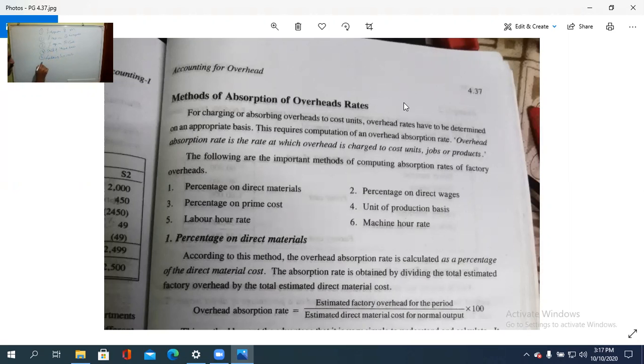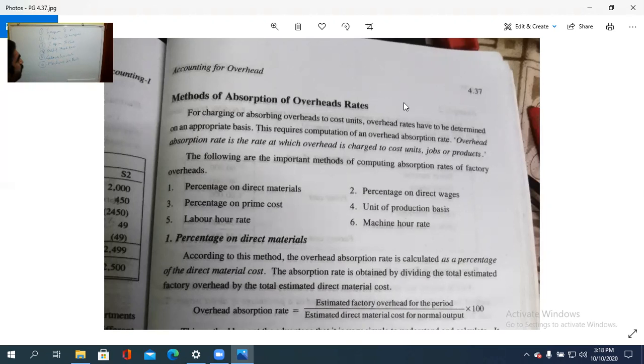Then machine hour rate. So these are the methods by which absorption of overhead takes place. Different overhead rates are there under the factory overheads: percentage on direct material, percentage on direct wages, percentage on prime cost, unit of production basis, labor hour rate and machine hour rate.